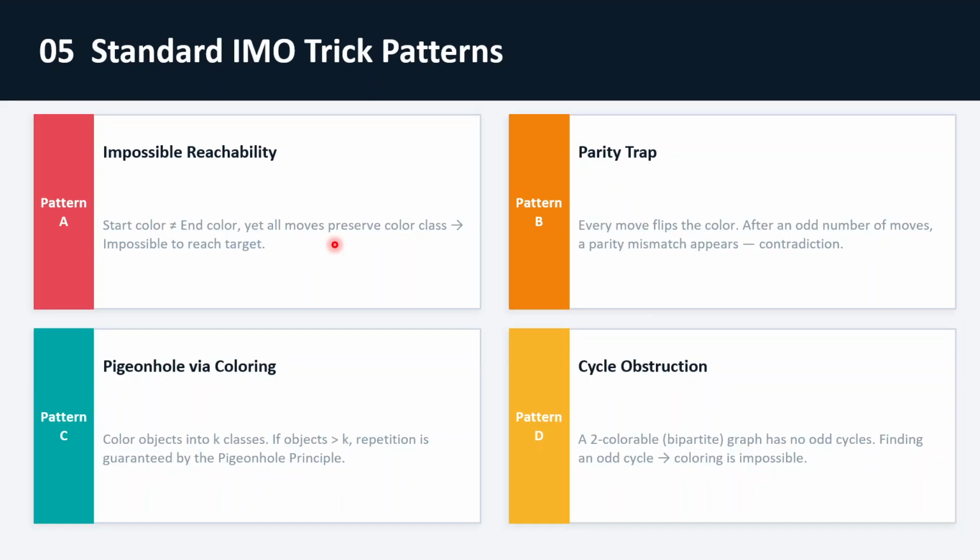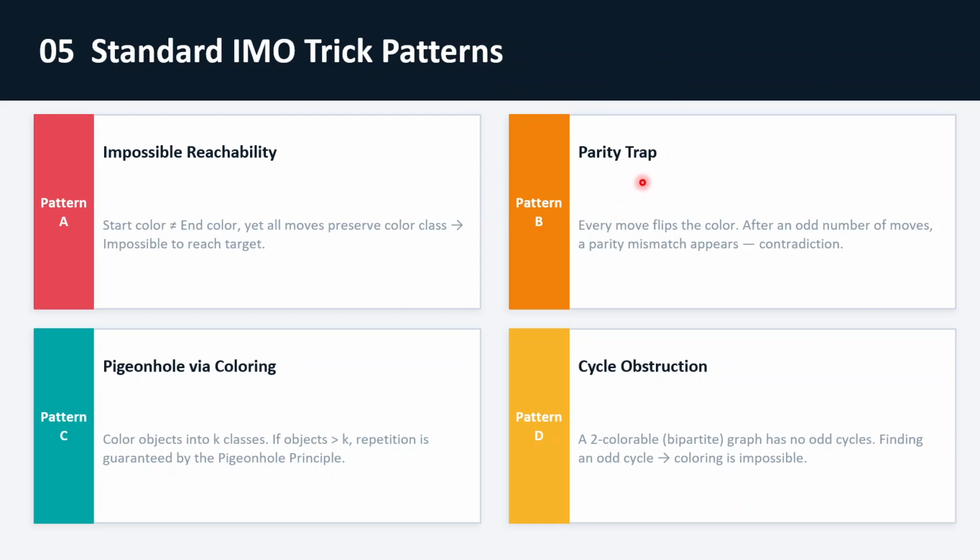So, 5 standard IMO tricks. Impossible reachability, this is the plus minus one, and the parity trap, that is the checkerboard, and also the inversion types, and we can also say modular arithmetic.